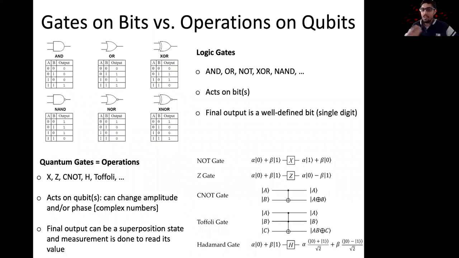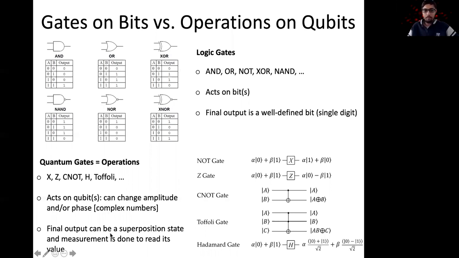So it can change the states. There are lots of gates in quantum to make quantum circuits, for example, the quantum NOT gate, Z gate, CNOT gate. I'm not going to go into detail. I'm just trying to give you ideas of how quantum computers operate. But just keep in mind that quantum gates are different from your classical gates, because qubits are very different by nature from your classical bits.